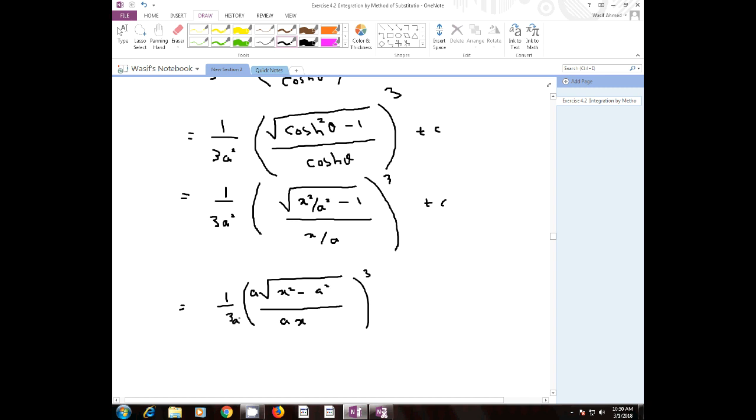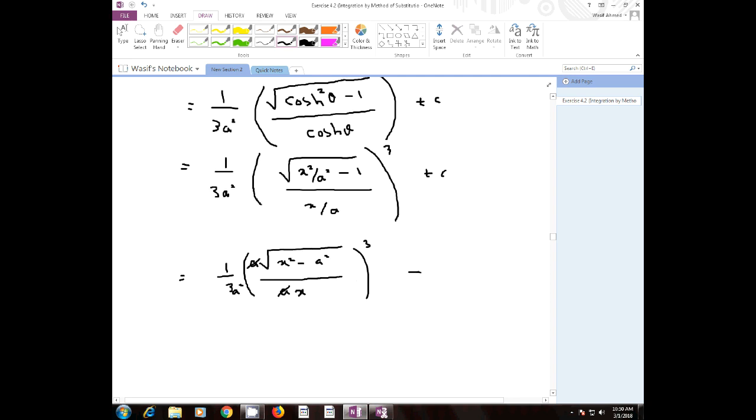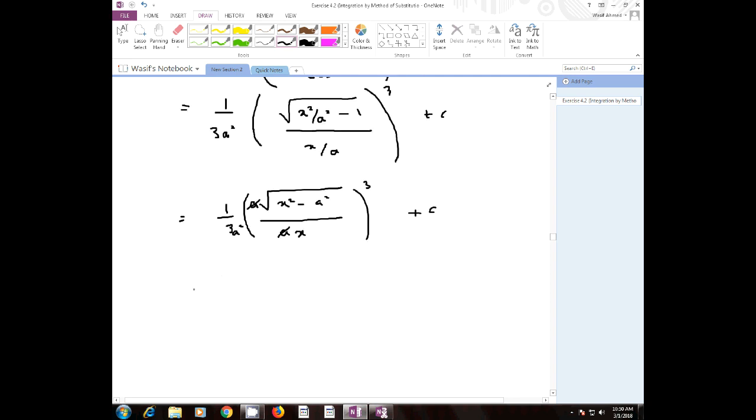Here it was a square, a gets cancelled with a, and you have the final answer, which is 1 divided by 3 a square x raised to the power 3 and x square minus a square whole raised to the power 3 divided by 2 plus constant of integration.